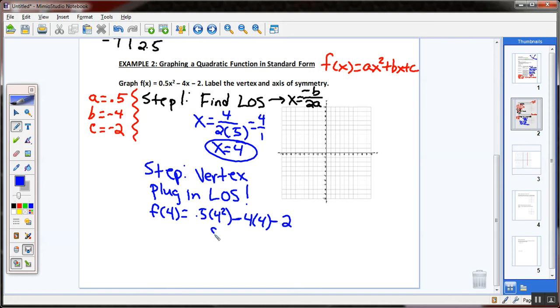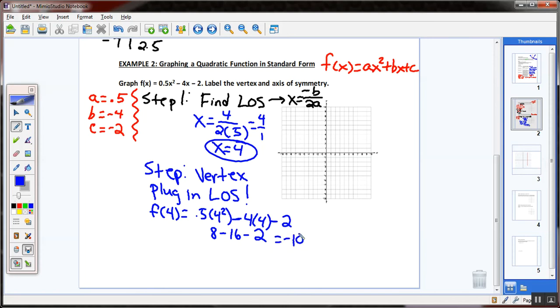So this is 8 minus 4 times 4. Four times 4? 16. Minus what? Help me calculate. 8 minus 16 minus 2. Where's that going to get us? Negative 10, right? Good.